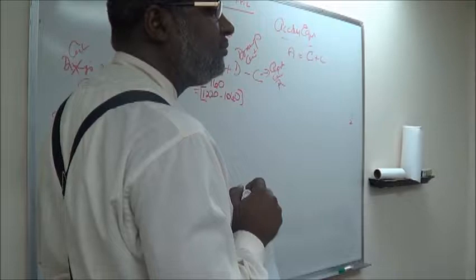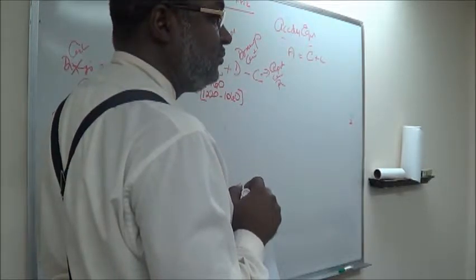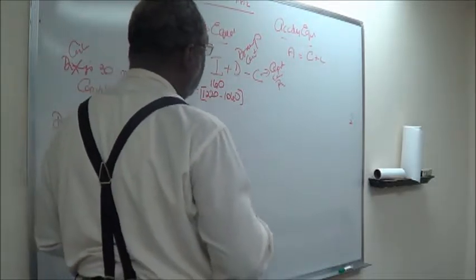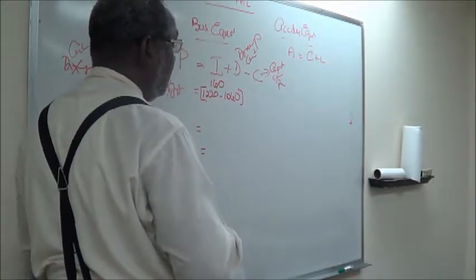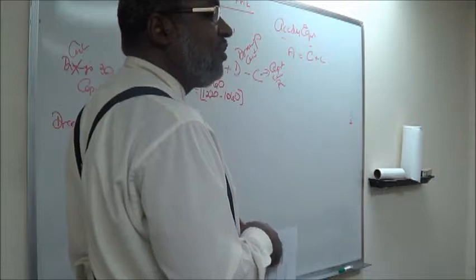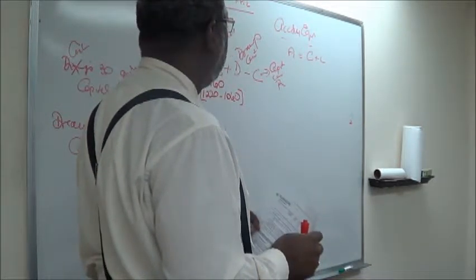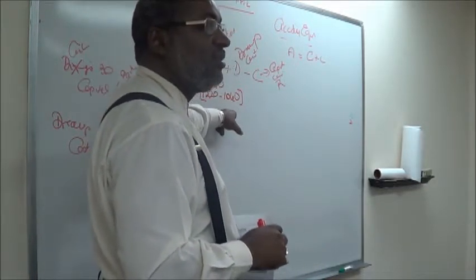1220 minus 1060. Assets from last period minus the assets from this period. What are the assets for the current period? 1220. And what are the assets from the previous period? 1,060.